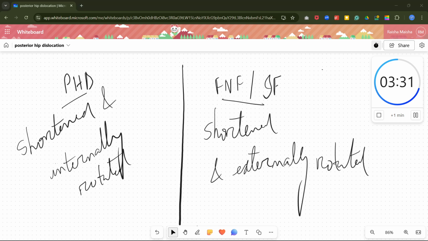You have to remember this for the exam question: if on examination you find that the limb is shortened and internally rotated, that is posterior hip dislocation, and if it is shortened but externally rotated, then it is femoral neck fracture or intertrochanteric fracture.